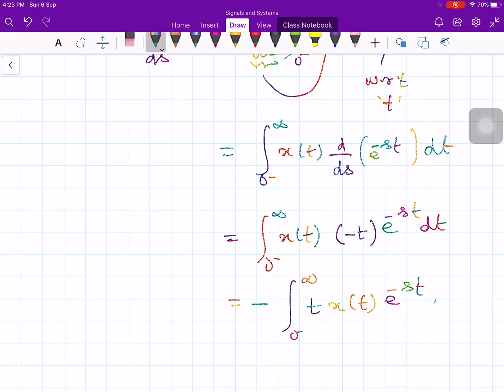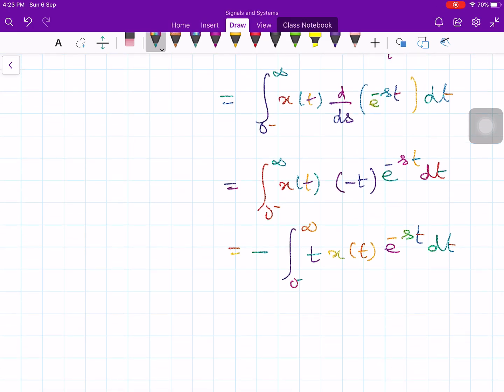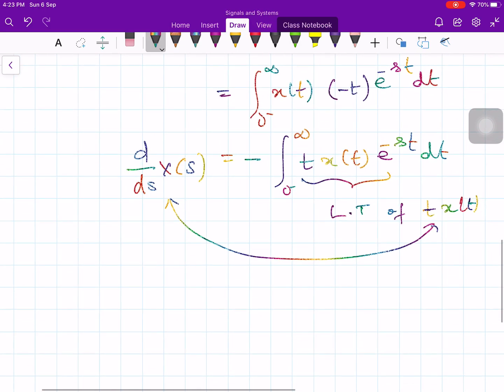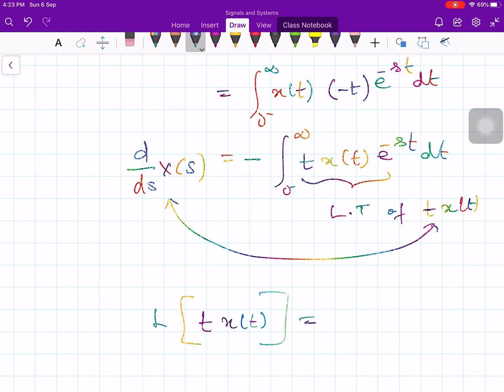Now don't you see, this is the Laplace transform of what? t times x of t. On the other hand, on the left hand side you have d by ds of x of s. So these two form a Laplace transform pair: the Laplace transform of t times x of t is equal to minus d by ds of x of s.